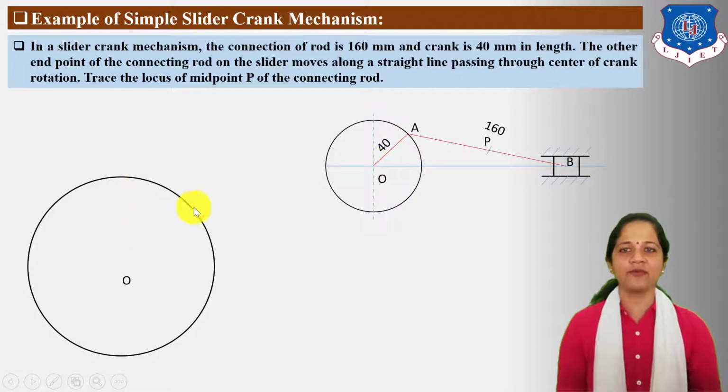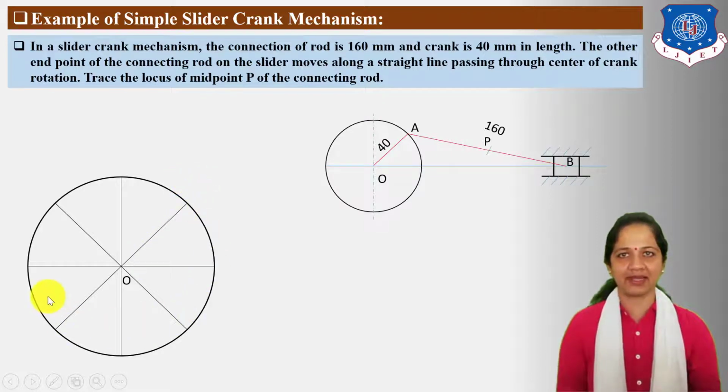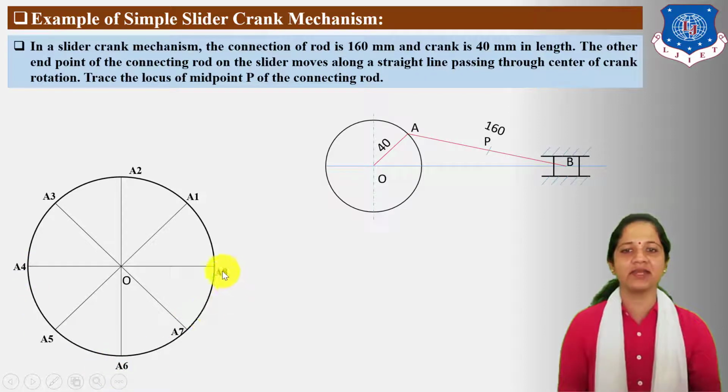So for uniform positions of the crank for one complete revolution, divide this circle into 8 equal parts at 45-degree angles. Next, locate the positions of the crank. Here OA1 is the initial position of the crank. Next A2, A3, A4, A5, A6, A7 and A8.